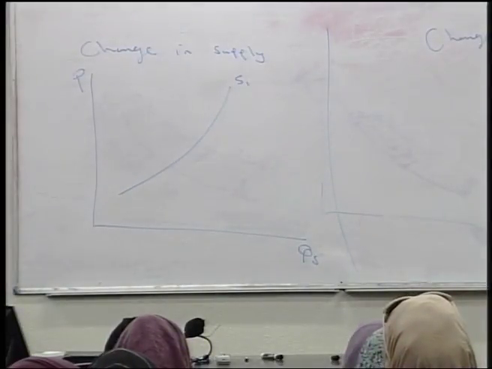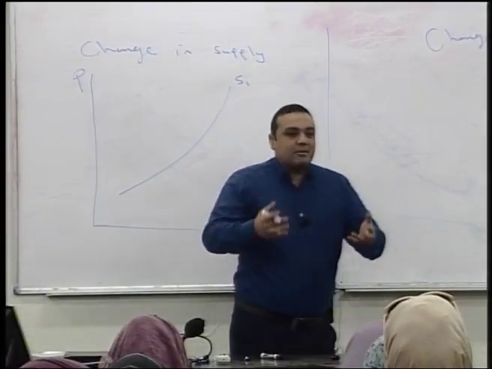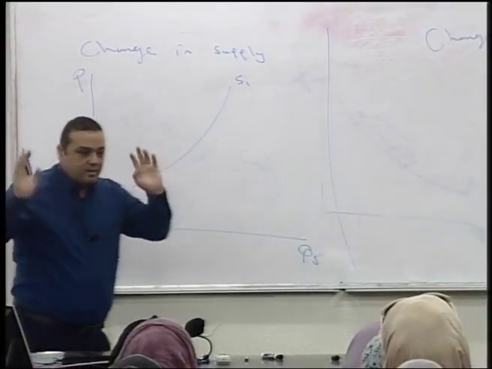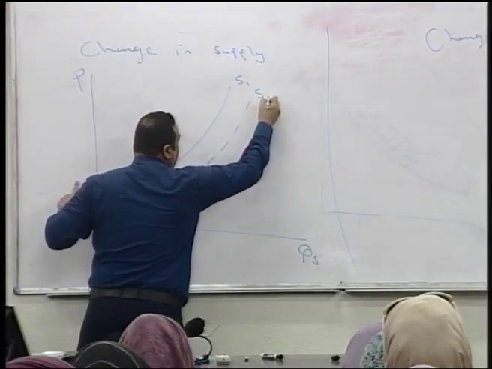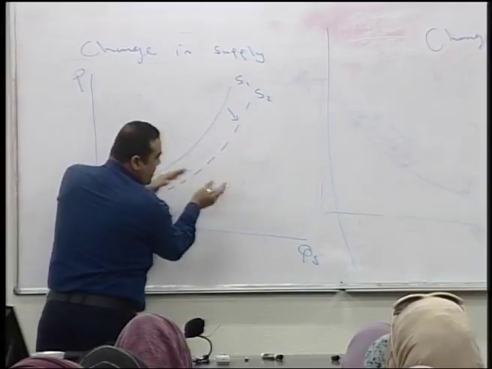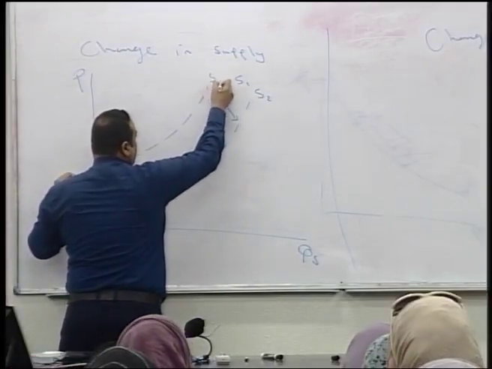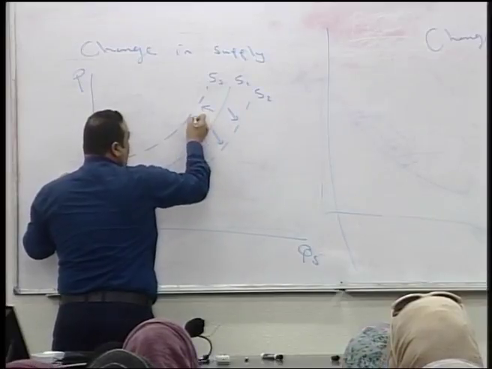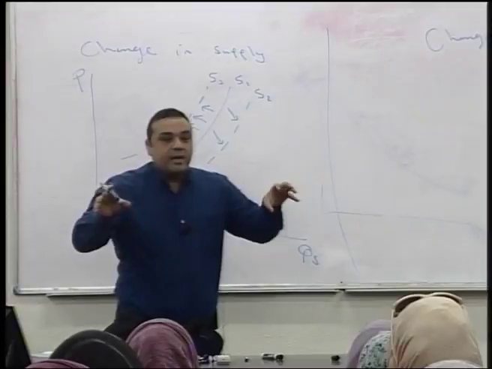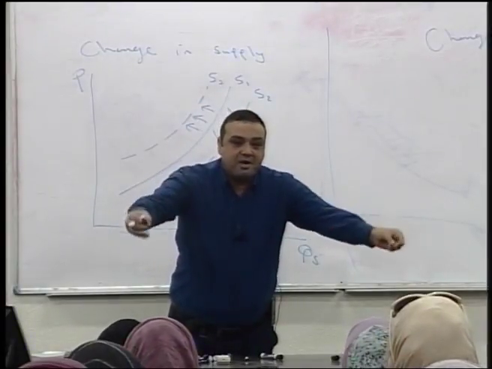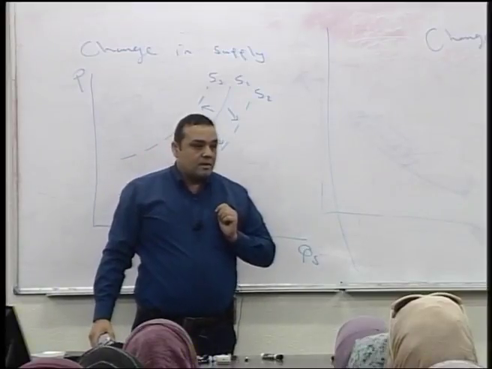Change in supply is quite similar to the change in demand. It's a full shifting of the supply curve, either to the right or left, to S3, due to what? Due to the change in one of the supply's determinants. Okay?